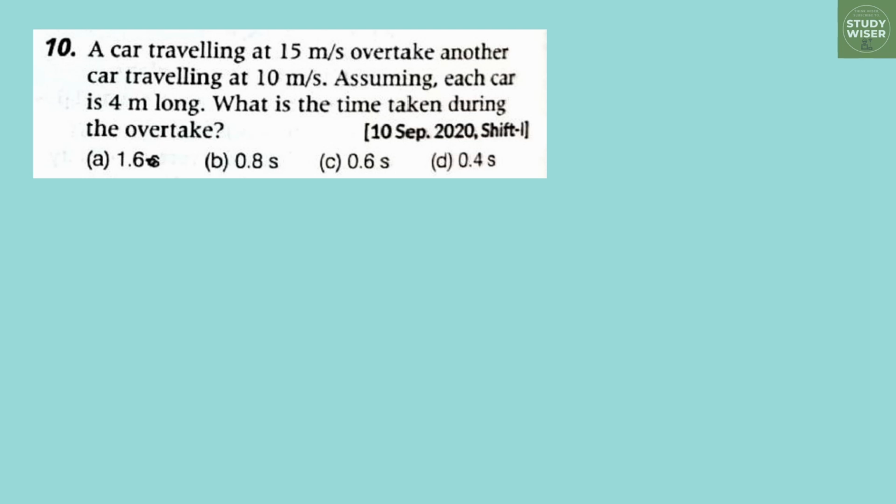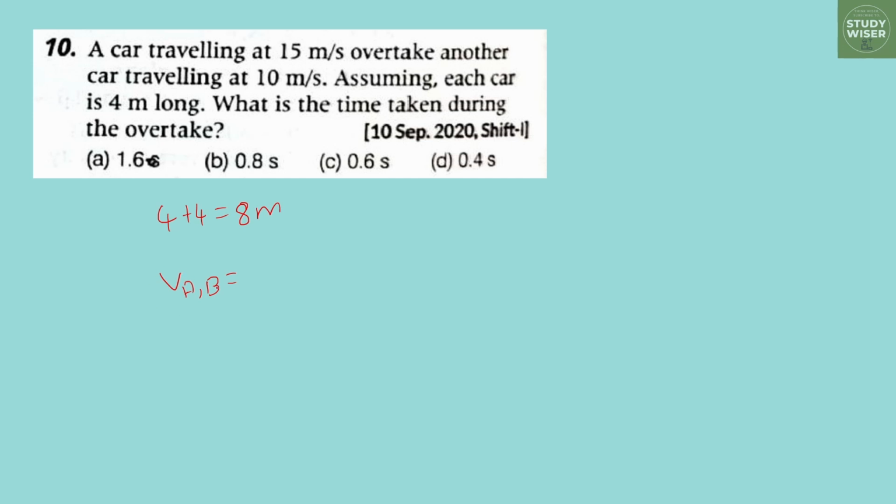First thing first, ఇక్కడ మనం distance to be covered for overtake కనుక్కోవాలి. అంటే each 4 meters ఉన్నాయి కాబట్టి distance to be covered is equal to 4 plus 4 is equal to 8 meters. And relative velocity కూడా కనుక్కోవాలి.